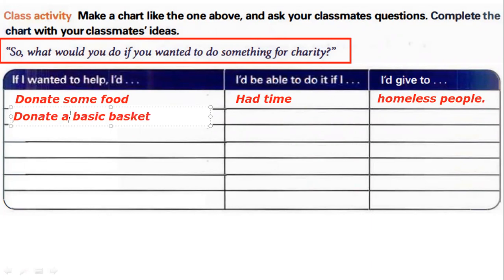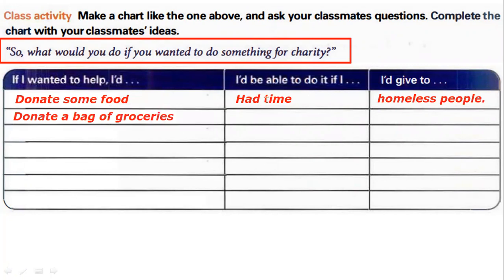Donate a basic basket. How do you say this in English? A basic basket? No, I'm going to word this. Donate a bag of groceries. Groceries. Yes. Thank you. That's very good. Groceries. Donate a bag of groceries.